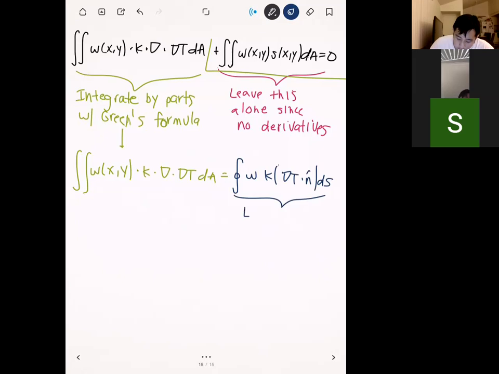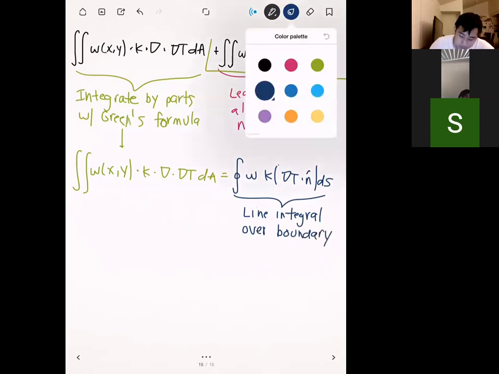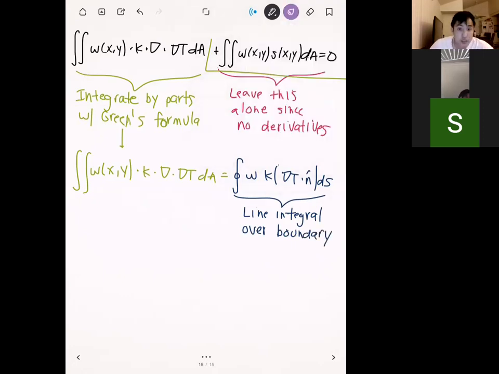Remember, this is a line integral over the boundary. And then from this, we're going to subtract a double integral with a balanced derivative. So we have the double integral of the gradient of W dot product with k times the gradient of T, dA.